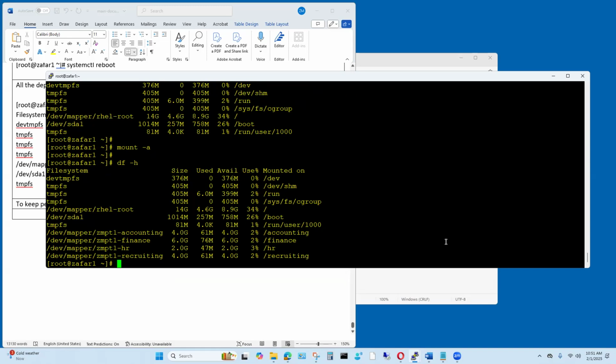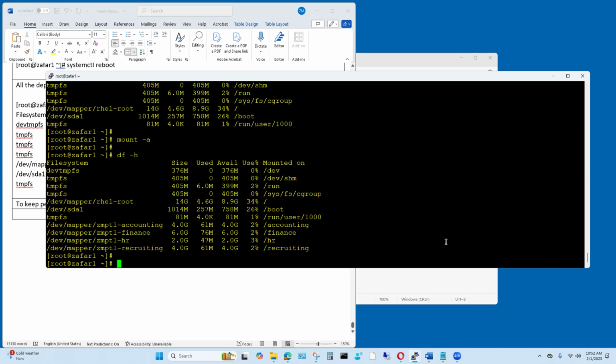Anybody facing any issue? Okay, now go ahead and reboot again, systemctl reboot. Once you go back in there, it should show all those are mounted automatically. This process is called persistent across reboot.